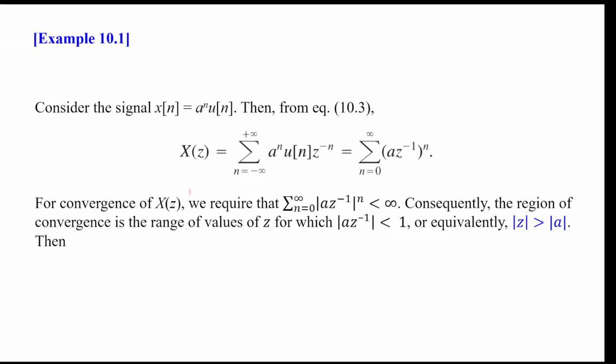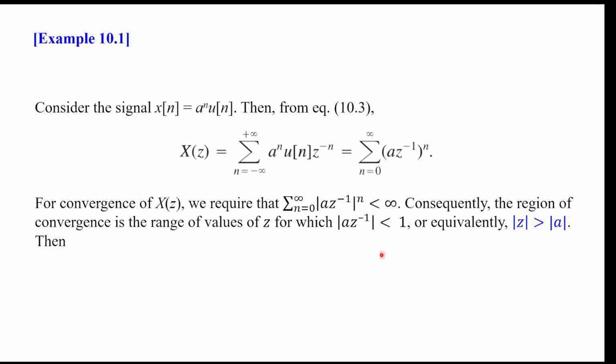For the summation to converge, what we need is that the absolute value of this term, a times z to the minus 1, should be less than 1. If the absolute value is less than 1, then the series will be convergent. Otherwise, it will not be convergent.